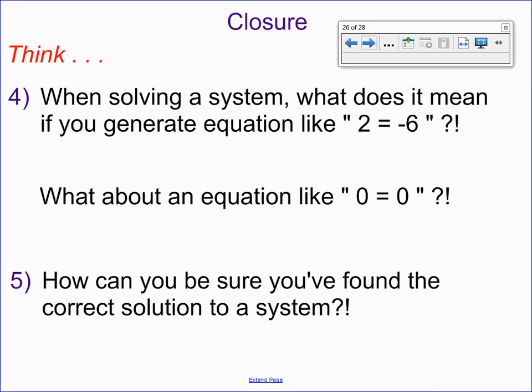Answer what happens when we get an equation like 2 equals negative 6 versus 0 equals 0. And then how can you be sure you found the correct solution to a system?